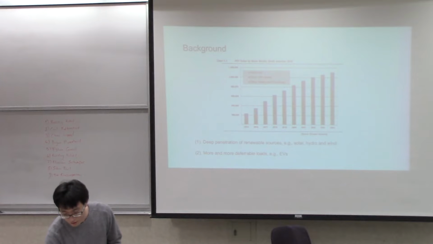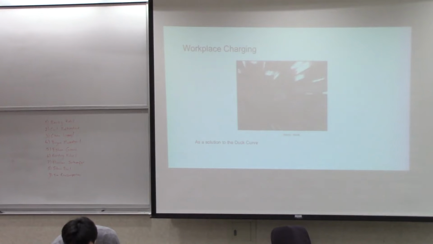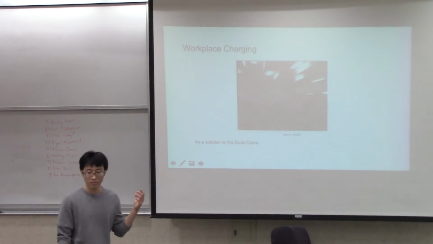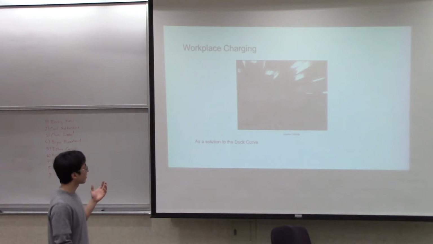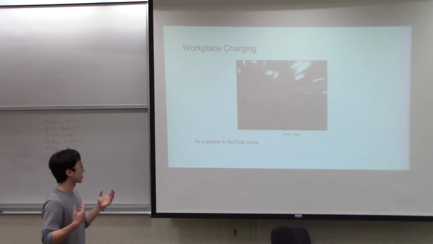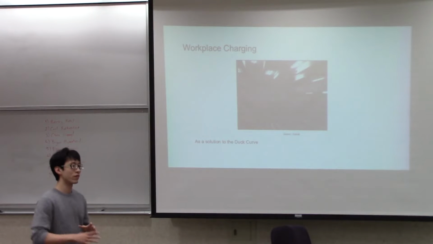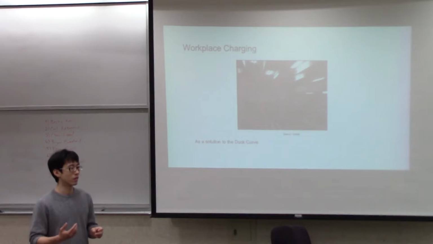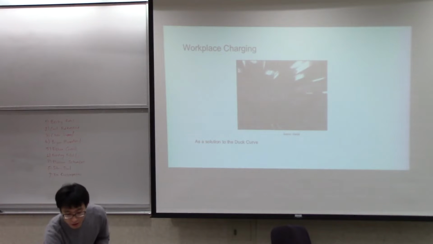As one of the possible solutions to the duck curve problem, workplace EV charging is one of the solutions. For example, the idea is I can charge my car during working time so that I can fill the valley of the duck curve, and partially maybe also reduce the peak demand because I may not need to charge my car at home.